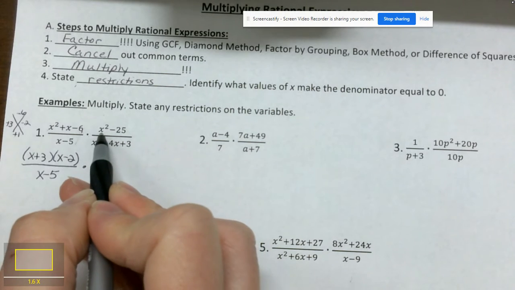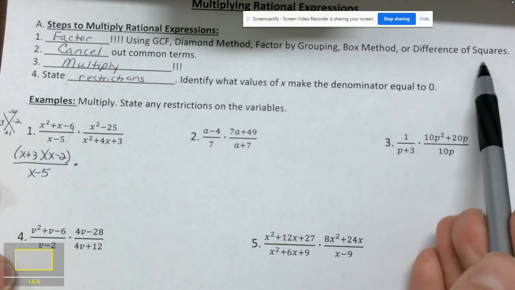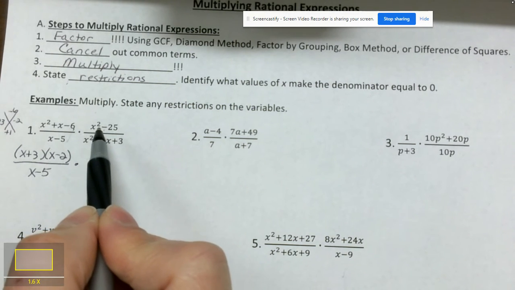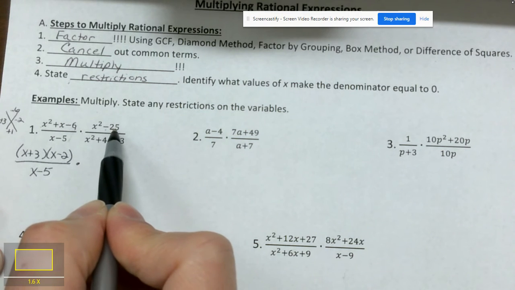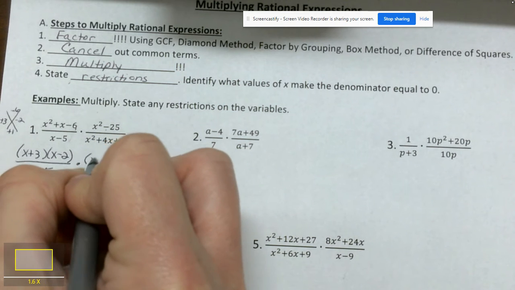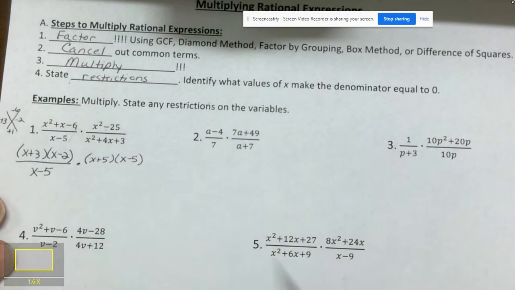Times, okay, x squared minus 25, that is a difference of squares. So I have a difference, a minus in the middle, and then I have x times x gives me x squared, and 5 times 5 gives me 25. So both of those are perfect squares. So this factors as x plus 5 times x minus 5.